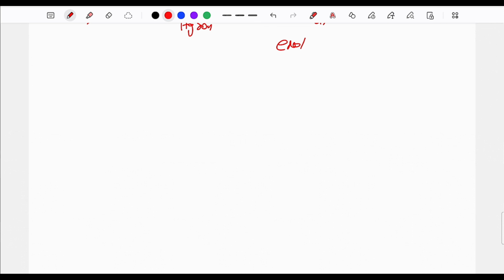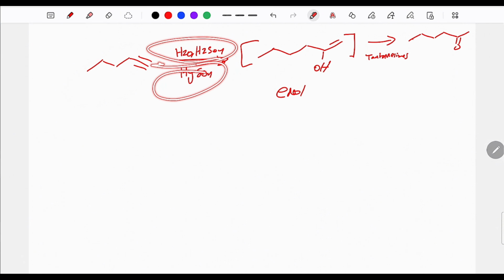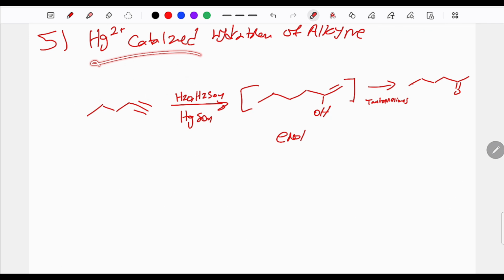Your reagents are an alkyne, aqueous acidic conditions, and mercury sulfate. By the way, there is a little bit of heating involved, and mercury sulfate, as we mentioned, is your catalyst, as the name suggests.